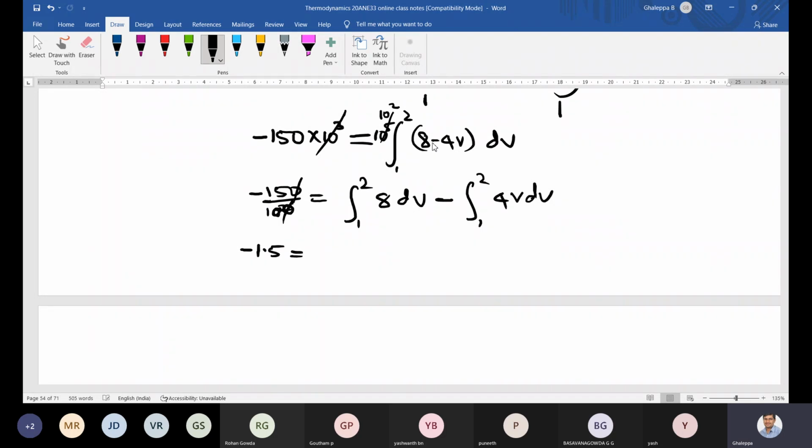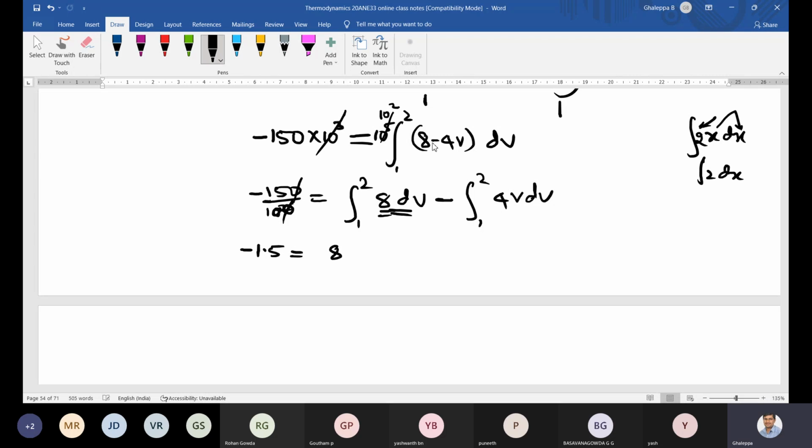So what is the integration of 8 dV? What is the integration of x dx? 2x dx: 2 is constant, x is variable. Here 8 is constant, take it outside. What is the integration of x dx?